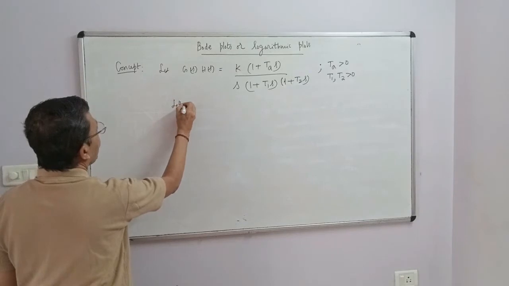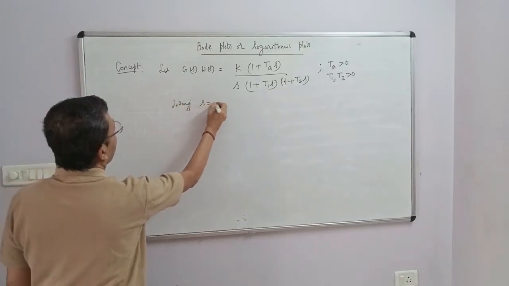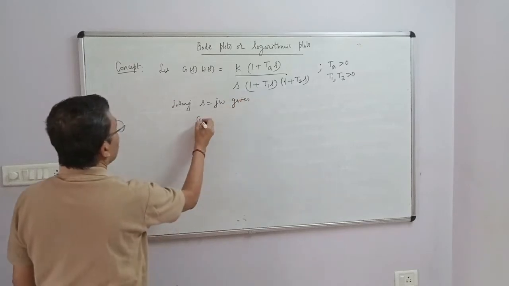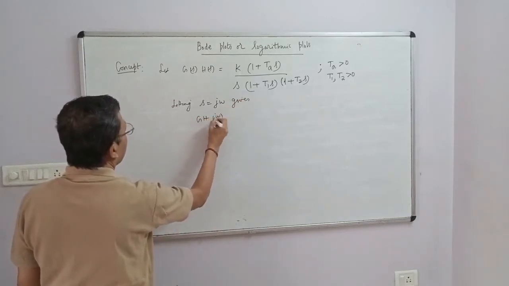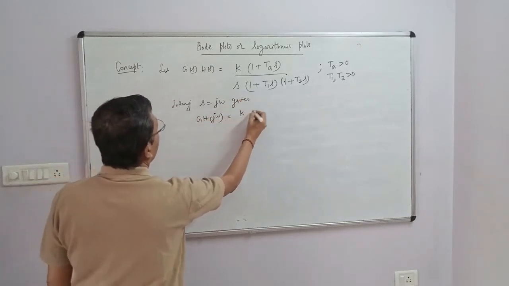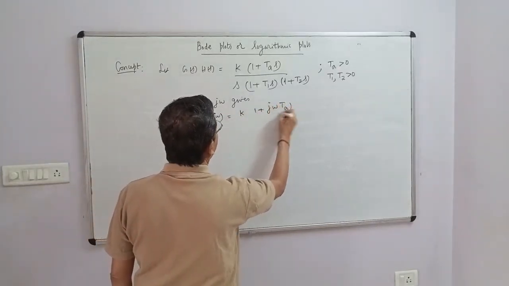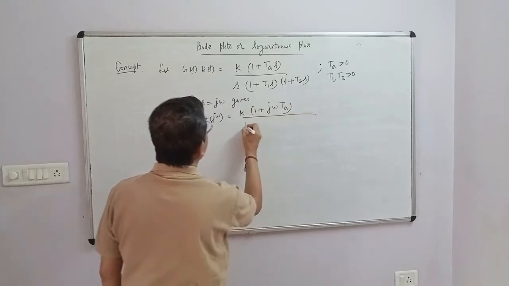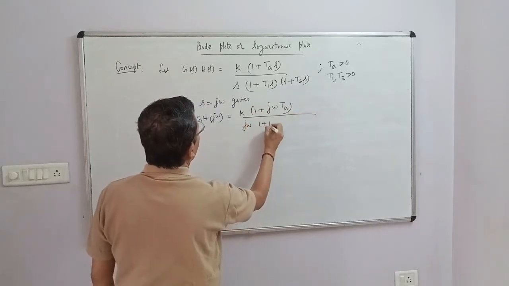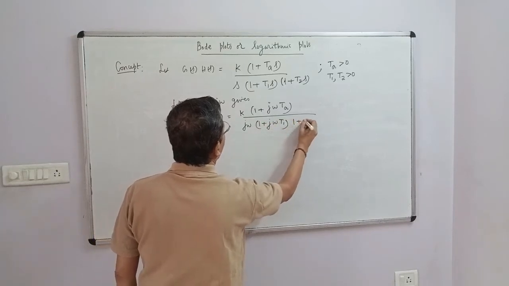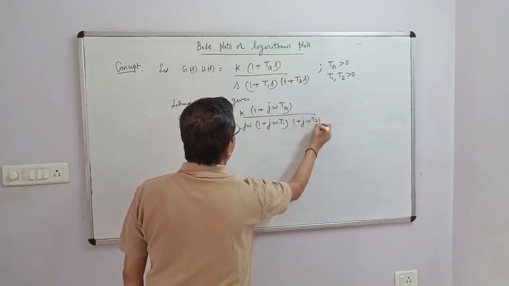Letting s equal j omega gives GH of j omega equal to K into (1 plus j omega Ta) divided by j omega into (1 plus j omega T1) into (1 plus j omega T2).